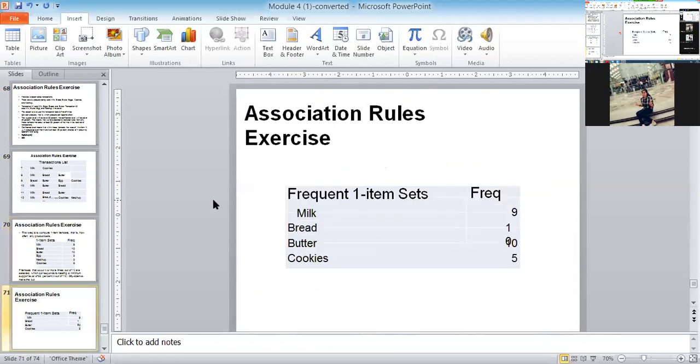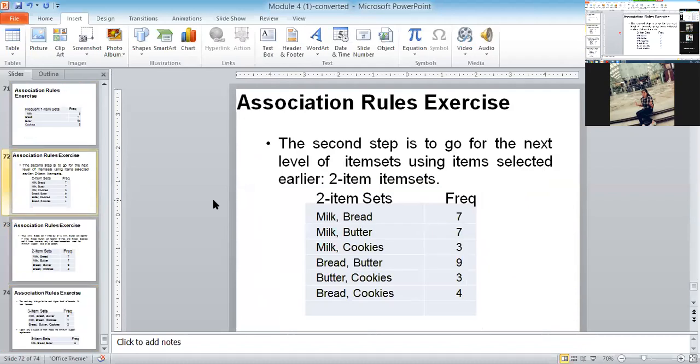Then I keep on filtering. Then I bring the second step, that is the two item set. Again I find out the frequency of appearance and the support. That is what we did now. Once again, whatever is below my support standard, I'm going to eliminate it.